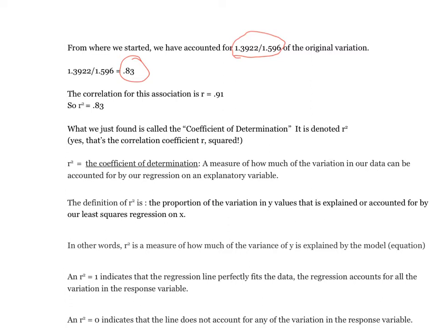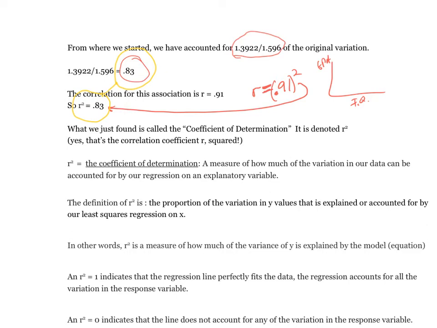Okay. Now, the original correlation for this association was 0.91. That's for the IQ GPA regression. If you square that, you get 0.83. And just for effect here, notice those two are the same.